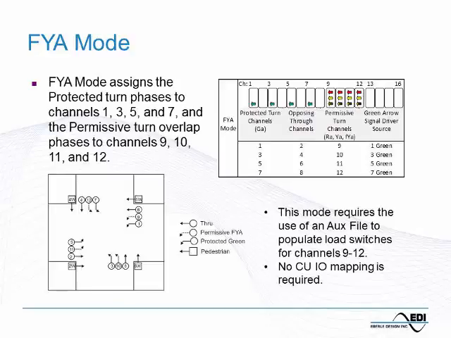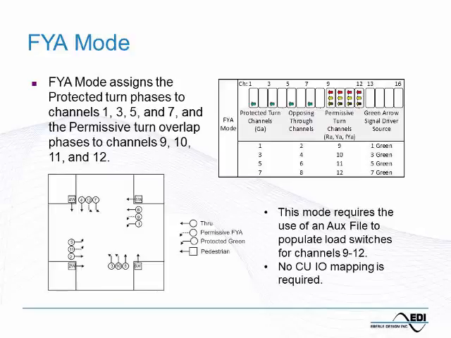Okay, so the beauty of this setup is everything is straightforward. Again, it requires an aux file because channels 9 through 12 come into the monitor from the wiring to the aux file. But no controller I/O mapping is required, no monitor remapping.